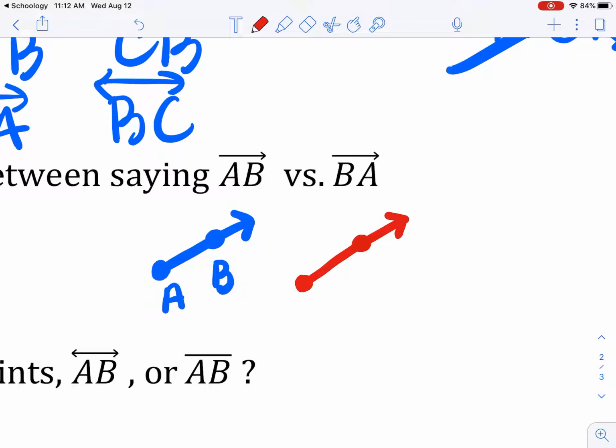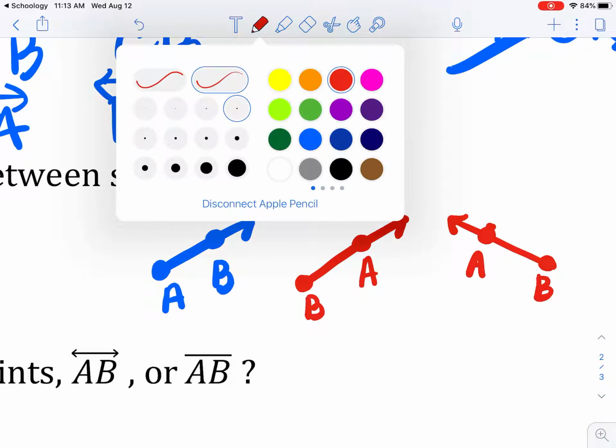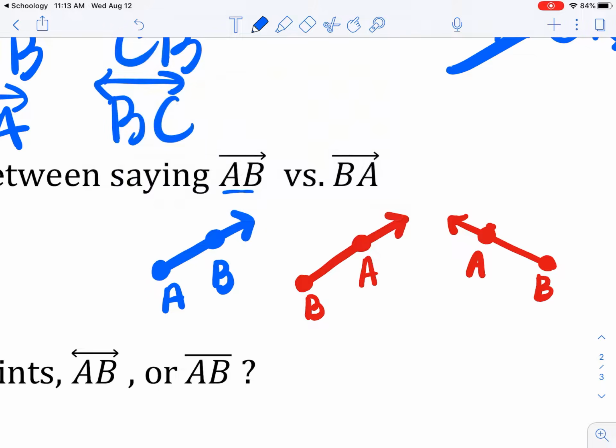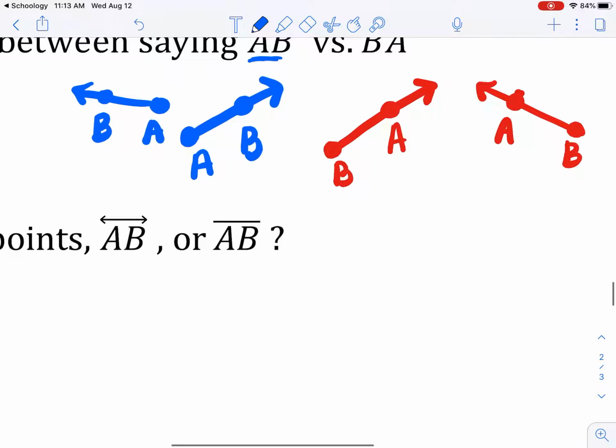It says the endpoint is B and it goes through A. Now realize this one could have also been drawn this way, but B is still the endpoint and it still goes through A. This blue one here could have been drawn this way also, but A is the endpoint, it goes through B. And I always put them on an angle, but they could be horizontal or vertical also.